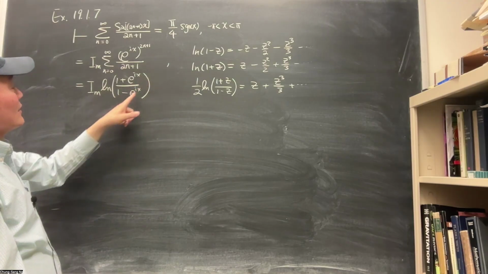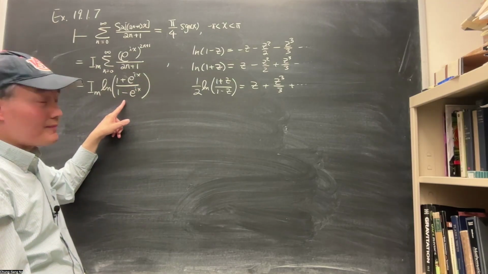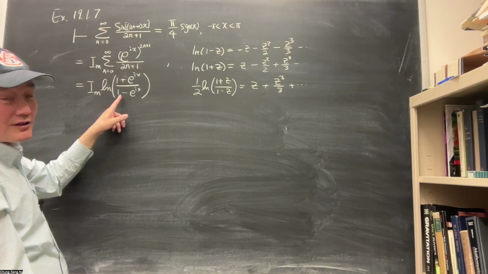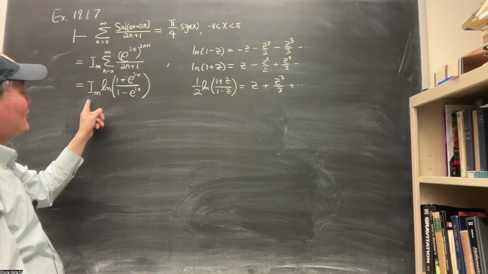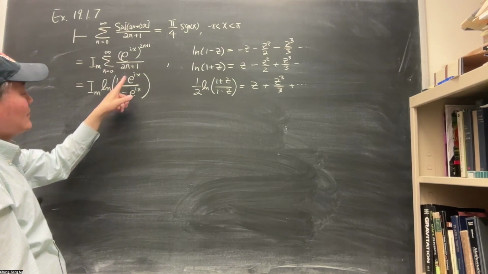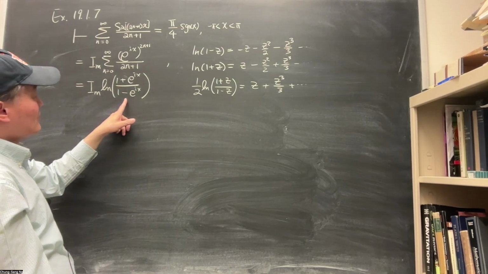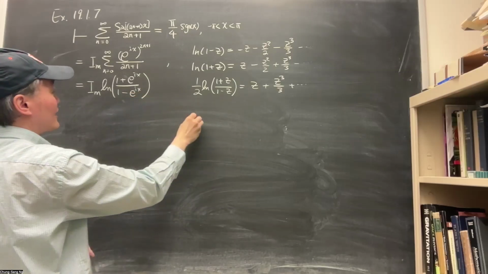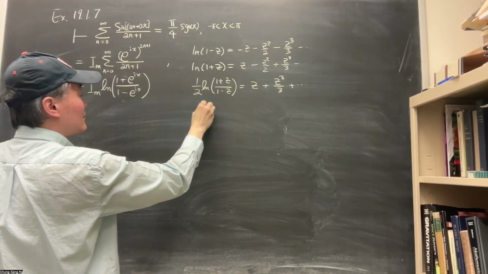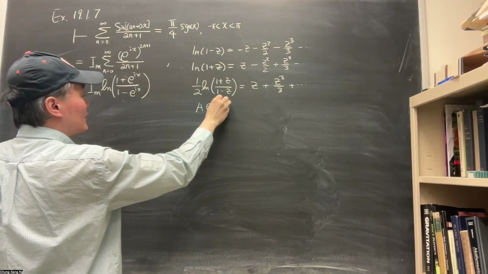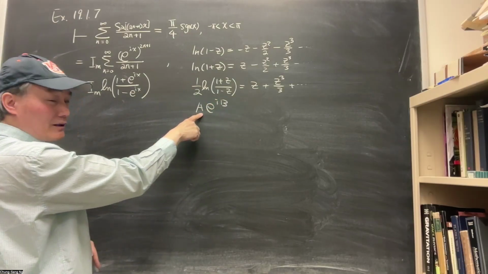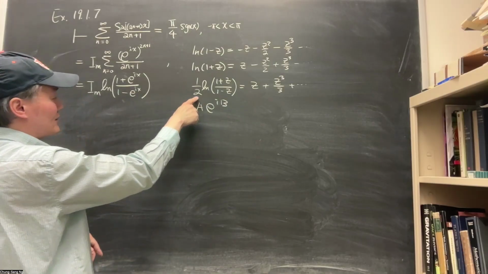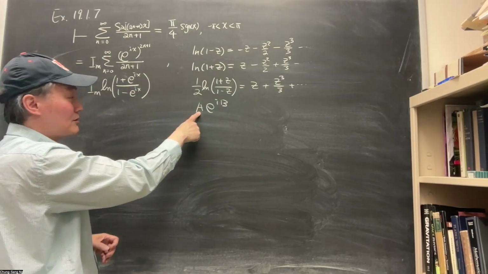So if you write this argument in polar form, then obviously only the polar angle will give you the imaginary part, because the magnitude, say, if this argument is something like a e to the i b, a is a positive number because it's the magnitude.